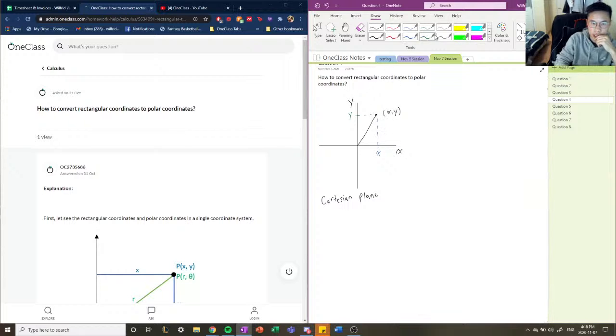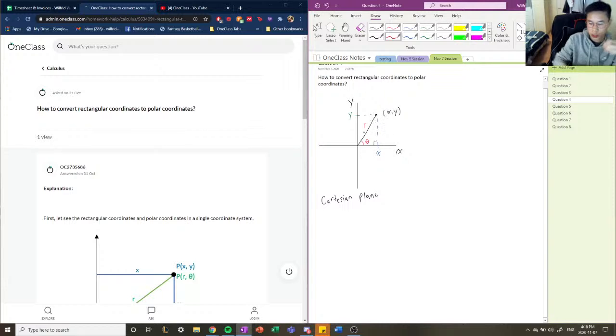And what we have here is a right angle triangle, okay? And we have a few pertinent pieces of information here. First of all, we have an angle theta. And second of all, we have a hypotenuse with magnitude r, okay? So what it means to convert rectangular coordinates to polar coordinates is we want to take our rectangular coordinates and transfer them to a different plane where the units for the x and y axes are instead r and theta.